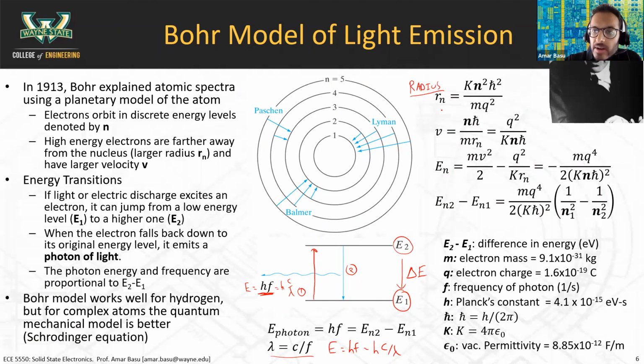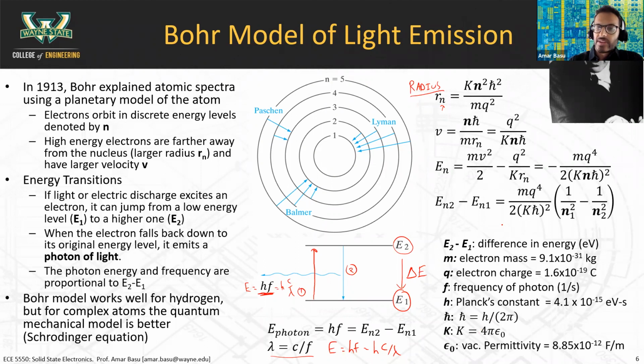So the radius of a particular energy level, where n is the energy level. For example, R sub 2 is equal to K times 2 squared times this constant. This is a different form of Planck's constant divided by the mass of an electron times the charge of an electron squared. I have all of these constants defined down here on the lower right corner.